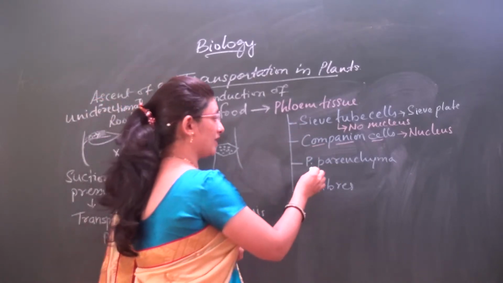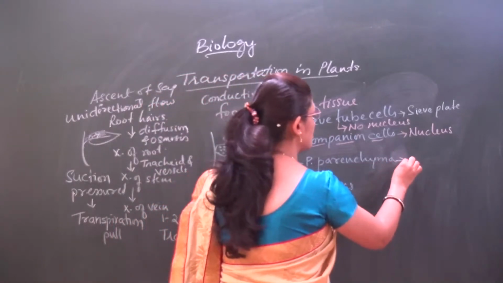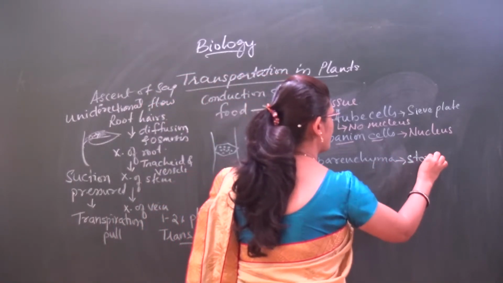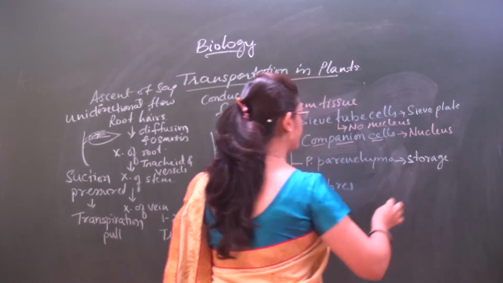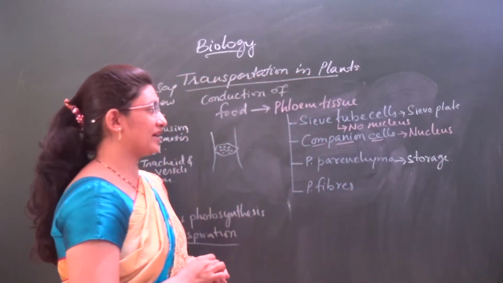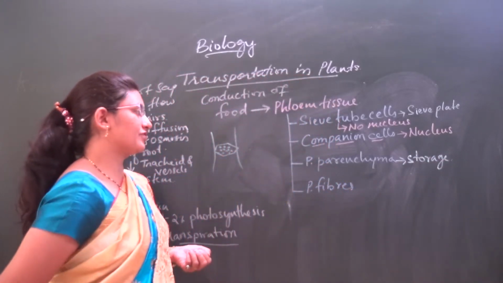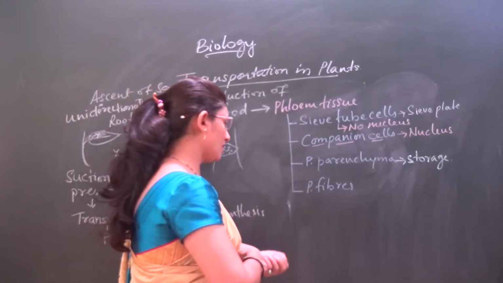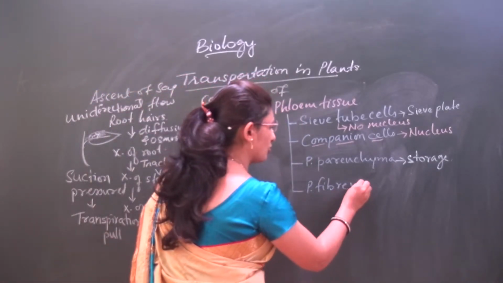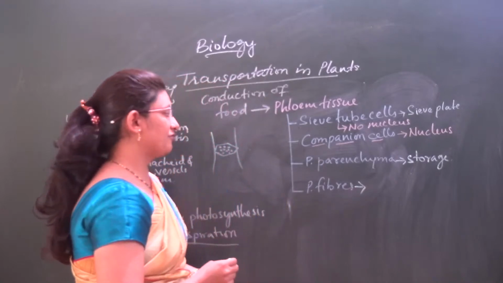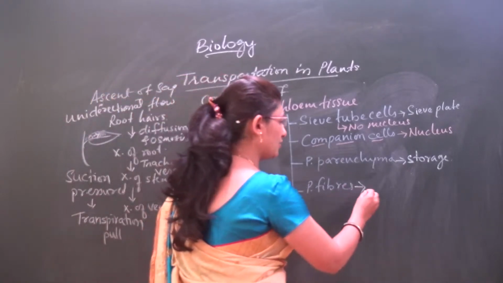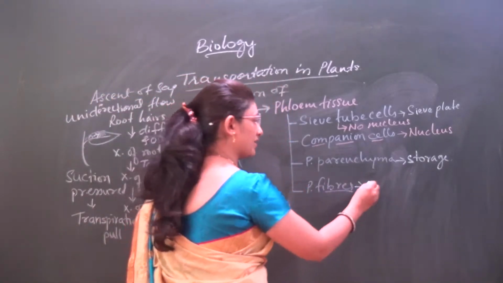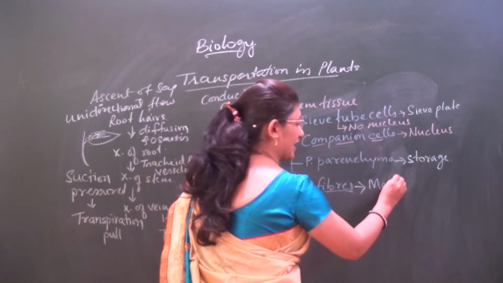Now, the phloem parenchyma helps in the storage. The most important function performed by the phloem parenchyma is that they help in the storage of the food material. Further, the last component of the phloem, that is phloem fibers. What do they do? The fibers, wherever we come across, provide the mechanical strength.